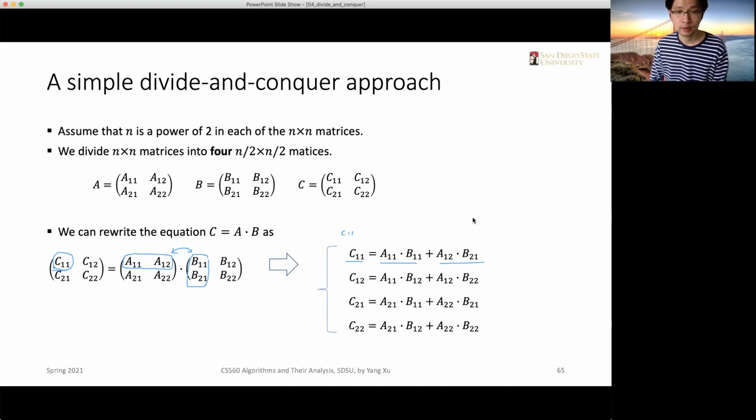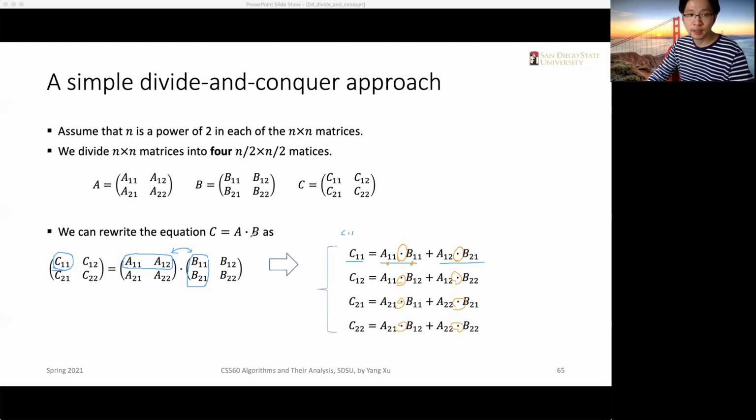So now it looks like we have a series of subproblems. Can you notice that? The multiplication between A11 and B11 is a subproblem that we need to solve, and this is another subproblem. Then the third one, fourth one, fifth one, sixth one, seventh one, and the eighth one.